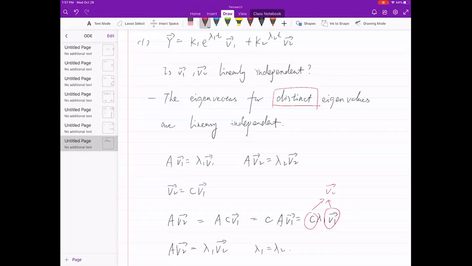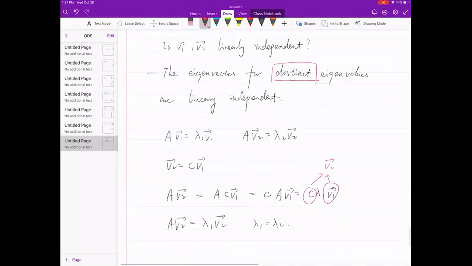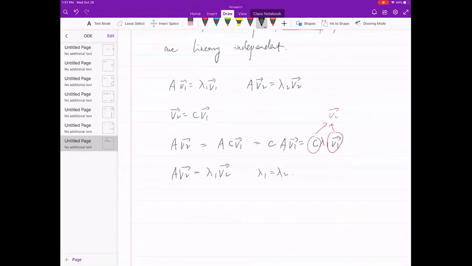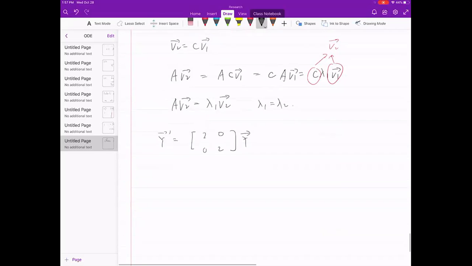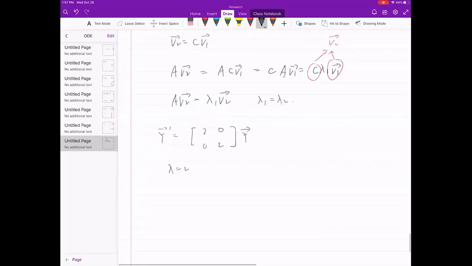So that cannot happen. Sounds good? Okay. Of course, you have trouble then. What if the eigenvalues are the same? Very easy. Okay, what's the eigenvalue here? Lambda equals 2, twice.